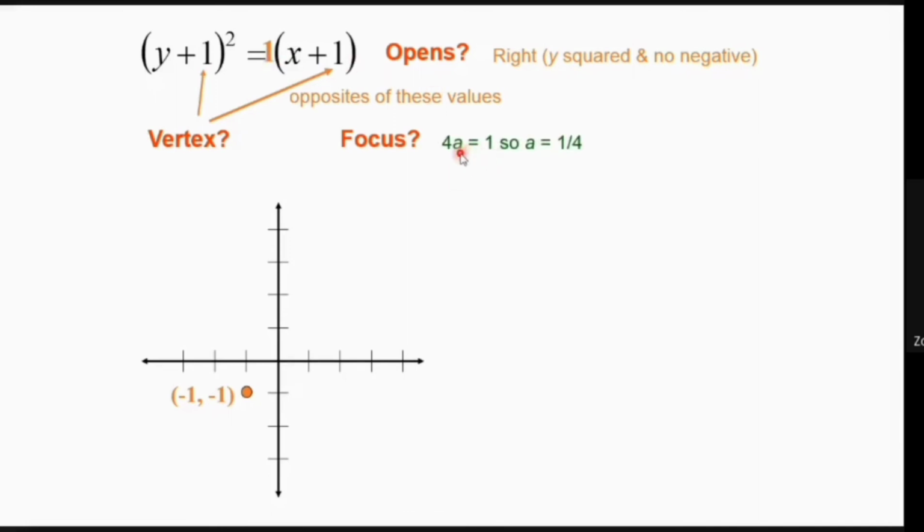To solve for the value of A, divide both sides of the equation by 4, we will get A is equal to 1/4. So from here, we will count 1/4 unit to the right. Kasi the parabola opens to the right. So 1/4 unit to locate the focus. Ayan po siya. At yung coordinate nun, pag binilang natin siya, is at negative 3/4 and negative 1.